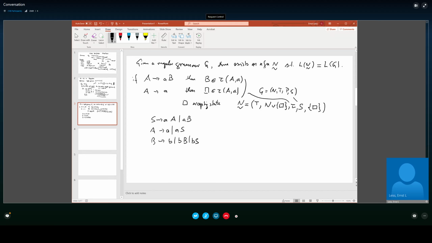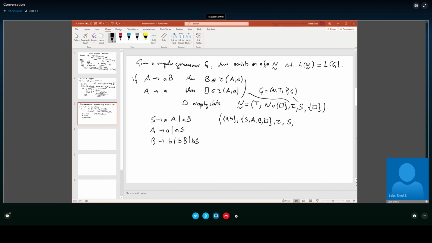Okay, so that means we have T, so our non-deterministic finite automaton obviously has input symbols a and b. Then we have the S, A, B, and that square. Those are the states. We have tau, which I'm going to do in a second.